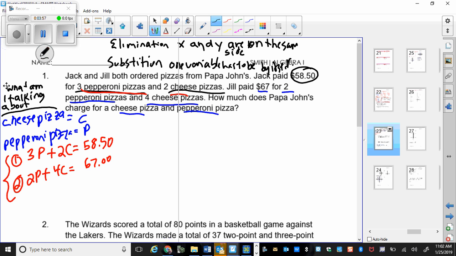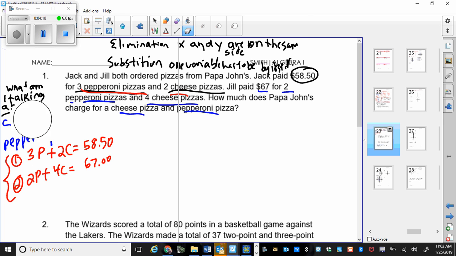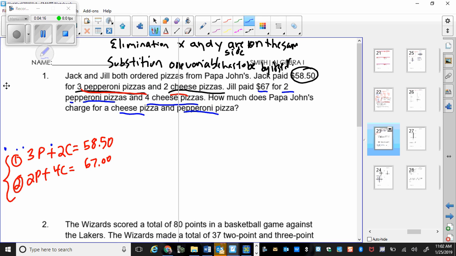All right. So how do I go about approaching the process of elimination? So I know what my equations are. So what I'm going to do is I'm going to erase some things so I have space to work. You have lots of space. I know you're being very organized and doing what you're supposed to do, right?